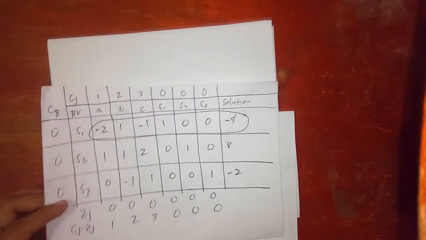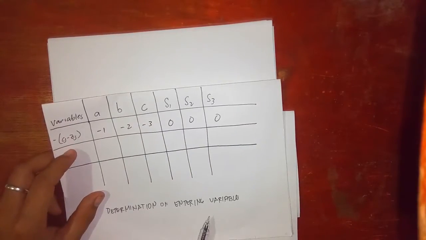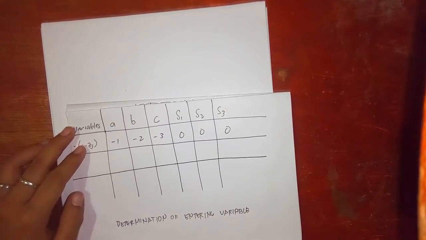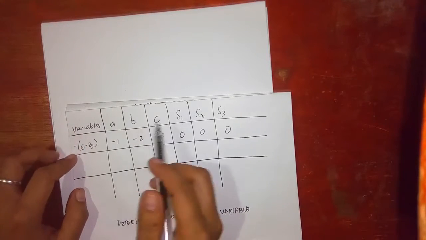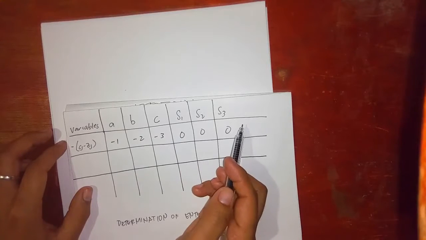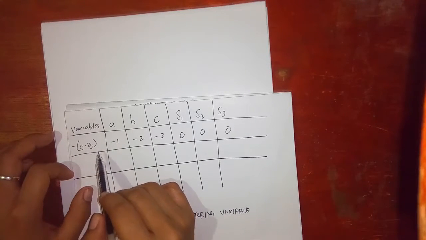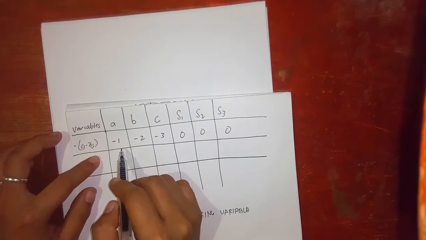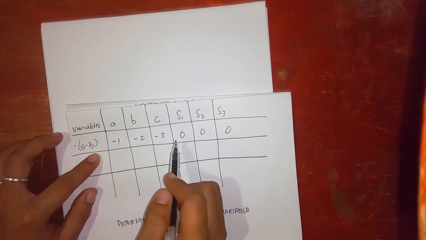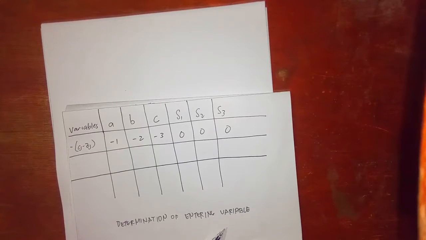So we have the determination of the entering variable. Here we have the variables a, b, c, S1, S2, S3, and then Cj minus Zj. We will just copy Cj minus Zj: 1, 2, 3. This will be the determination of the entering variable.